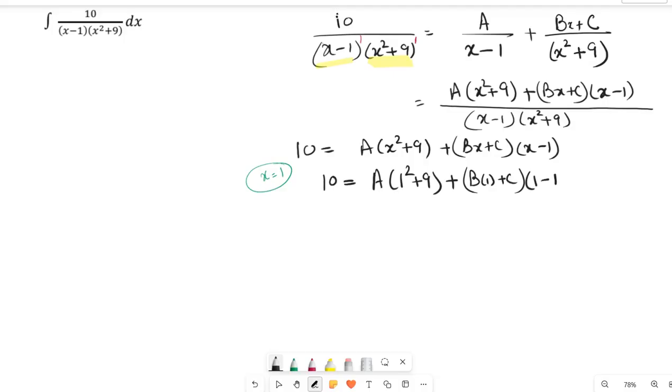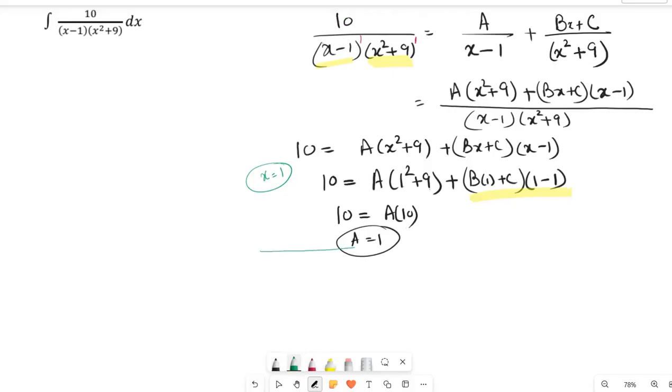But this factor 1 minus 1 is going to make this whole thing 0, because 0 times anything is 0. So what we are left with is 10 equal to a times 1 plus 9, which is 10. A should be equal to 1. We found our first constant.